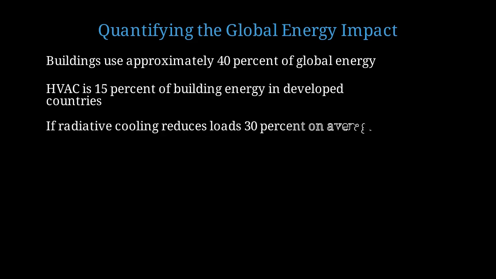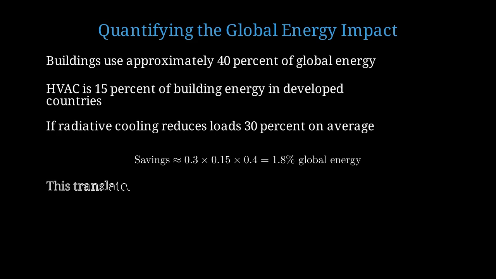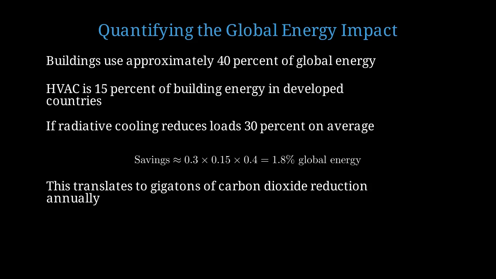If radiative cooling coatings could reduce cooling loads by 30% on average across all buildings in hot climates, that's roughly 0.3 times 0.15 times 0.4, which equals about 1.8% of total global energy consumption. This would translate to several gigatons of carbon dioxide emissions reduction annually. It's a significant climate mitigation strategy.